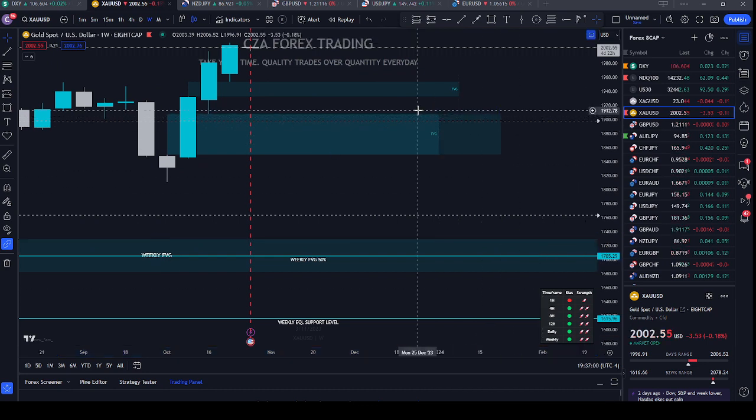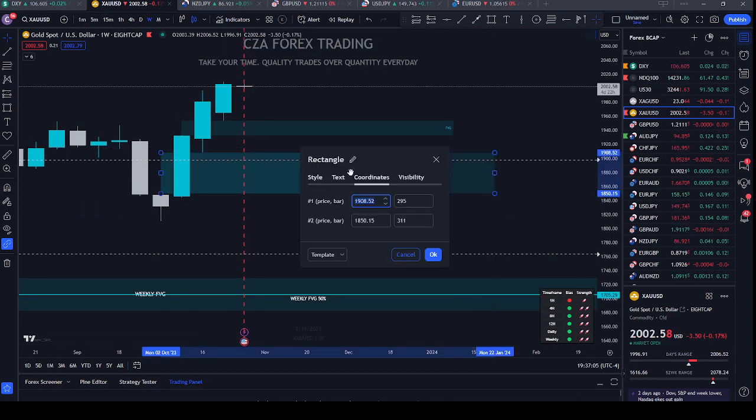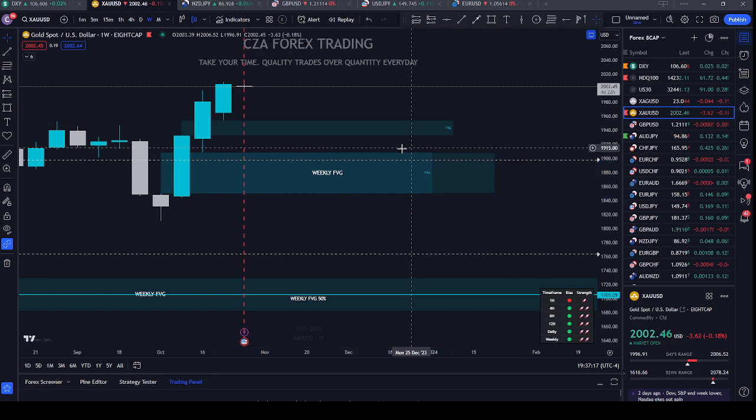Let's go over here to this one. 1908.52, 1850.15. Let's label that. I'm gonna eye out the 50%.